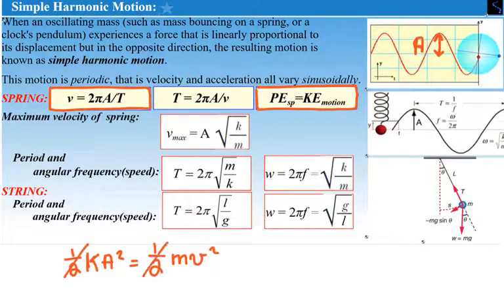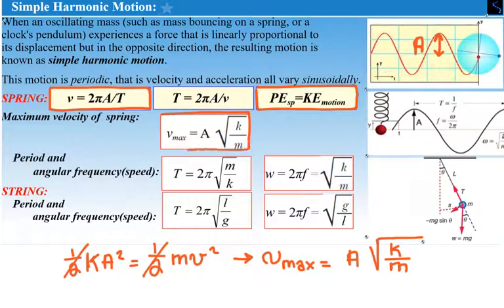Then 1/2 and 1/2 cancel from both sides, and when I look for the maximum velocity, I will have that maximum velocity is equal to A times the square root of k over m. So this is where this formula appears from.